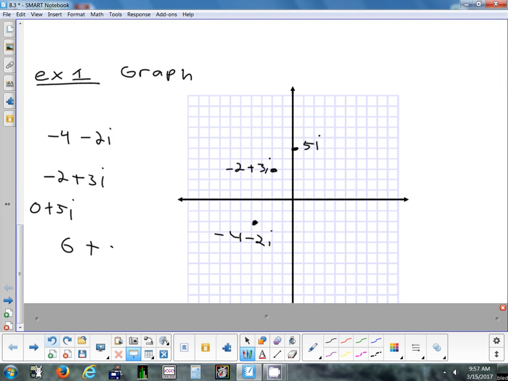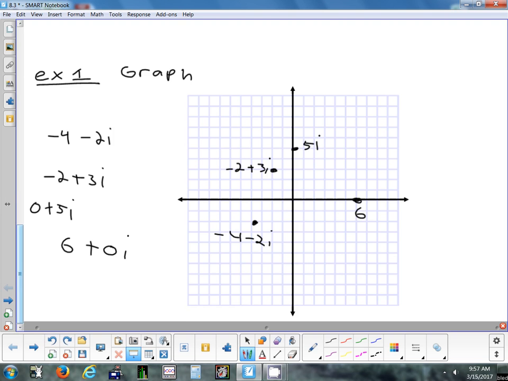And for the second one, if it doesn't have an imaginary part, just put plus 0i. So in this case, you just go right 6. That's how you graph a complex number in the complex plane. Any questions on that? Okay, that part's pretty straightforward.